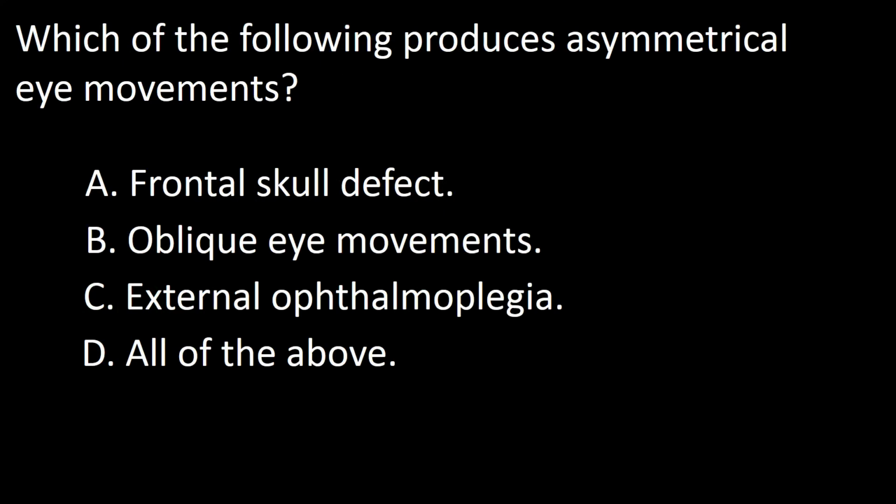Next question. Which of the following produces asymmetrical eye movements? A. Frontal skull defect. B. Oblique eye movements. C. External ophthalmoplegia. D. All of the above.